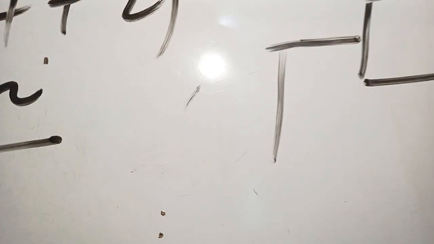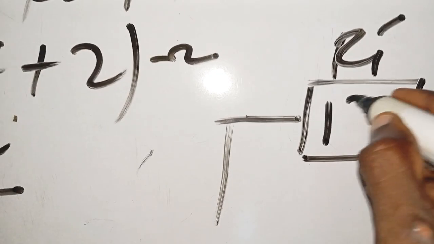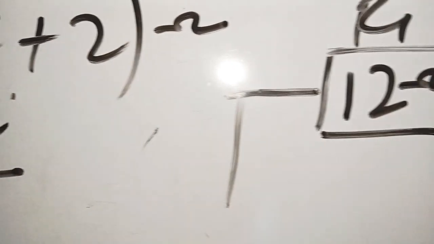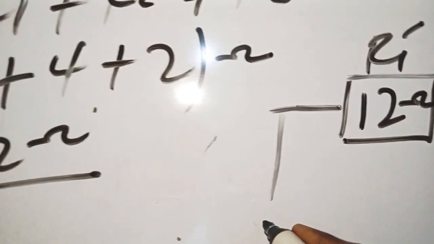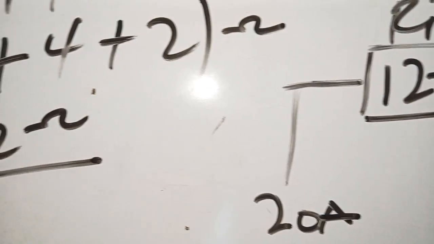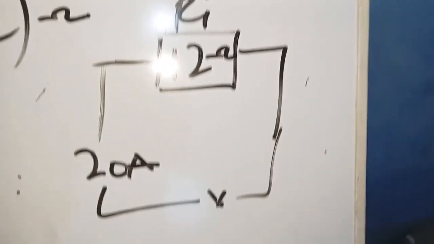Our RT here is 12 ohms, which is our total resistor, and our current is 20 amps, leaving us to find the voltage.